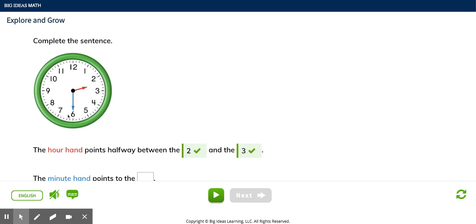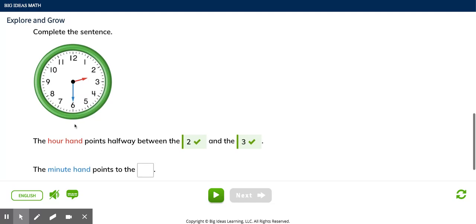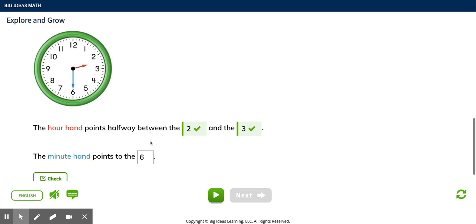My minute hand is now pointing to the 6, which means my minute hand started up here and it went all the way to here, which means it went what? Did it go all the way around the clock? No, it went halfway around the clock. So our minute hand is pointing at the 6. Let's check our answer.